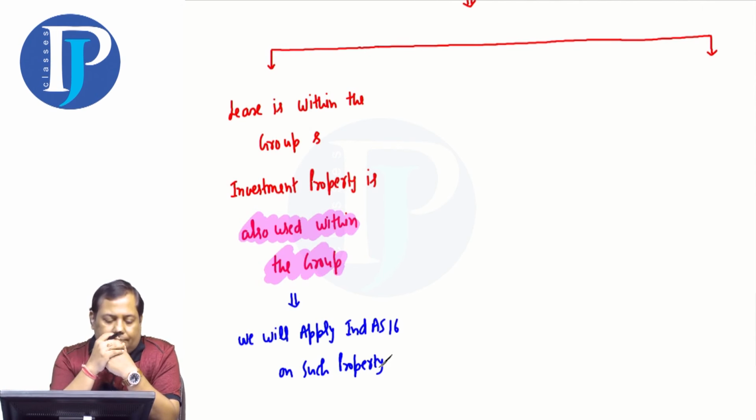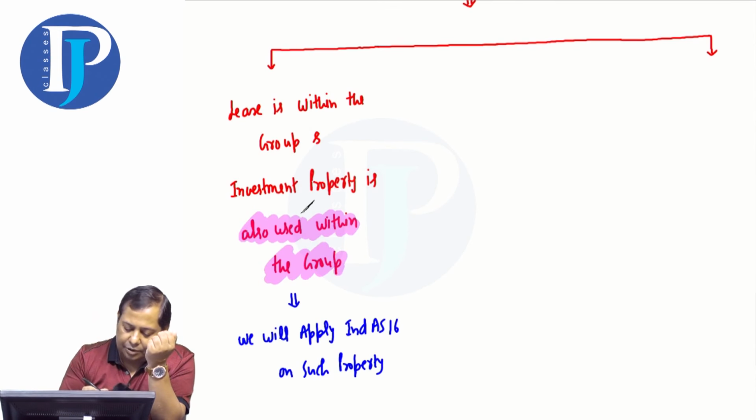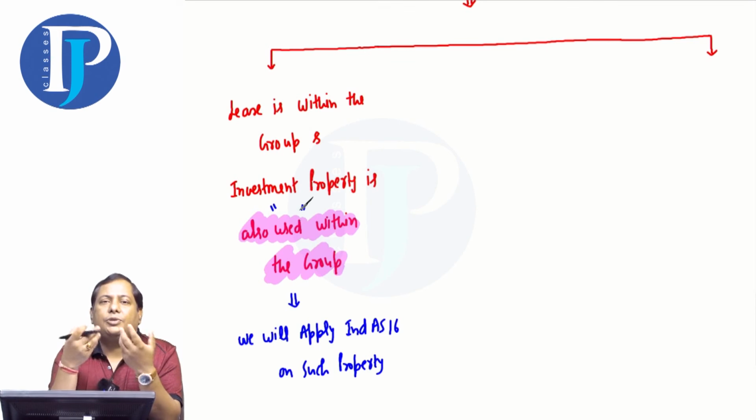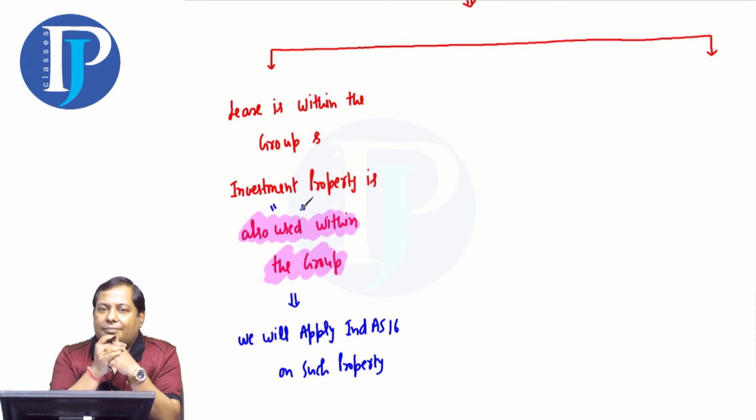Sixteen will be used. I have one word, used. You use it in your business. You can rent it out to your employees. Wherever the word use appears, the owner occupied property will be included.